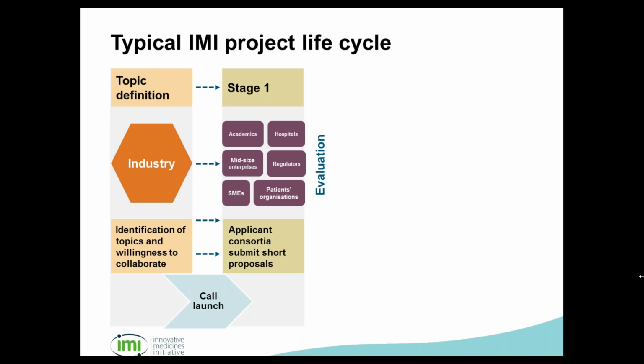Once the short proposals are submitted, we have an evaluation where, and this is another difference from the Horizon 2020, at this evaluation, only the very best consortium, the very best proposal will go through to the next stage. So therefore, at this stage, it's very important that you're not only in a very good consortium, you're in the very best consortium.